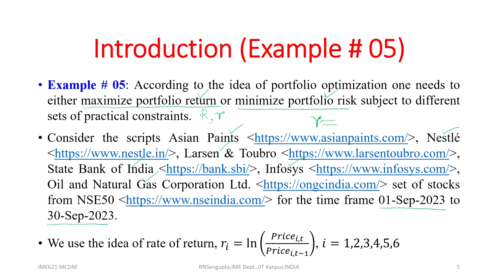If I consider the rate of return, in general it will be price 2 for day 2 minus price 1 for day 1, divided by price 1 for day 1. Day 1, day 2 are the prices we are considering. It can be seconds, minutes, or hours also, but I am considering the day unit.